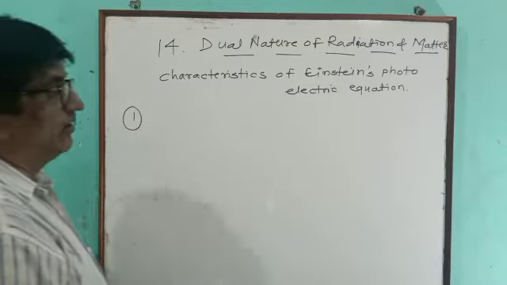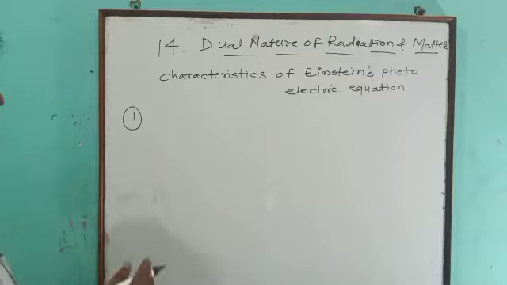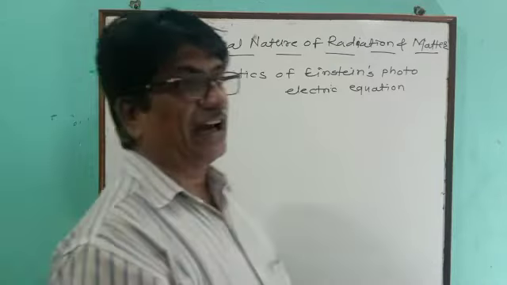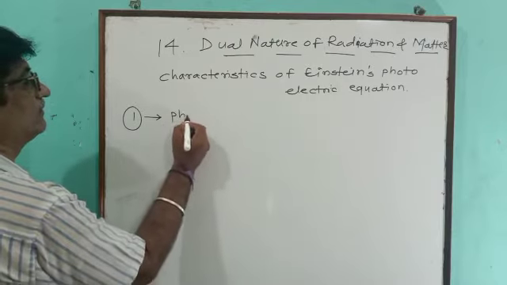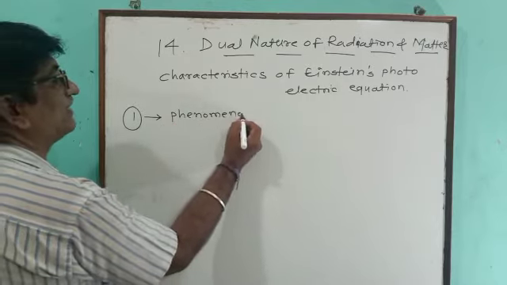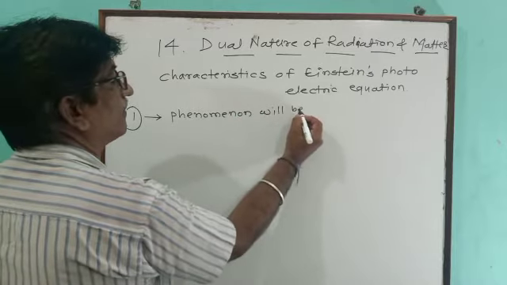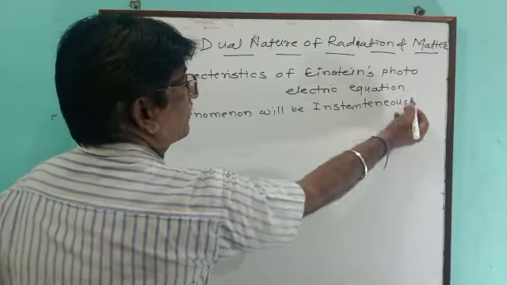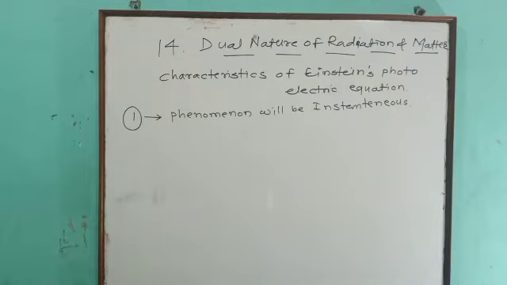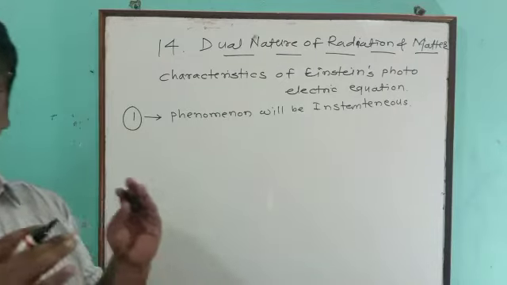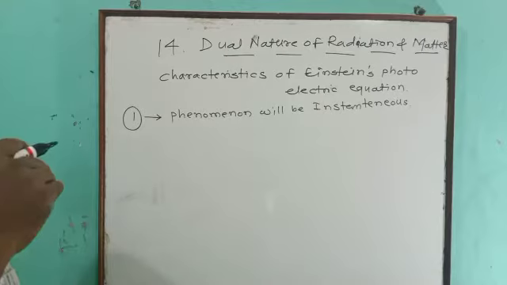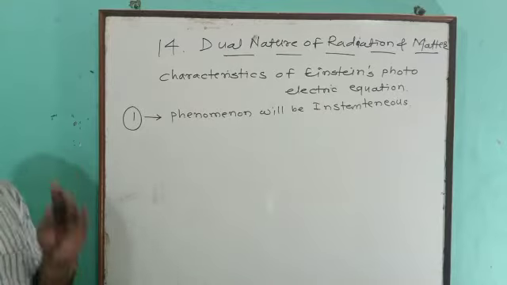The first characteristic is very easy to remember: the phenomenon in Einstein's photoelectric equation is instantaneous. This means there is no time lag between incidence of radiation of light on the metal surface and emission or ejection of electron from the metal surface.